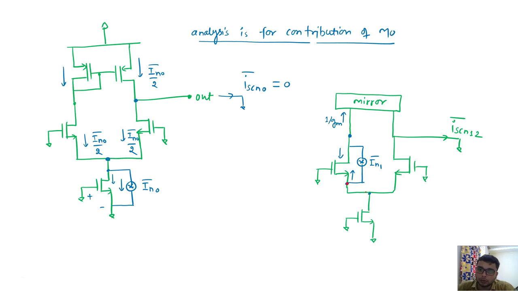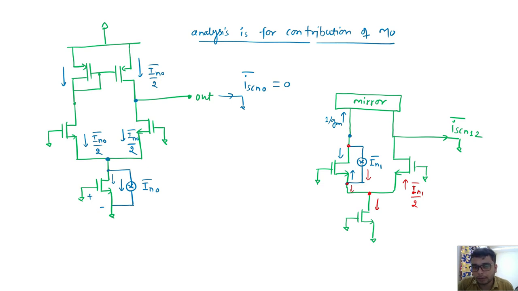At this node or this node, same thing, 3 paths are there for this current IN1, which I am considering in this direction. Half of the current will go up and half will go down, which will flow through this M2. So what is this? IN1 by 2 will go through this transistor. Here no current will flow, and half will go to this transistor M1.